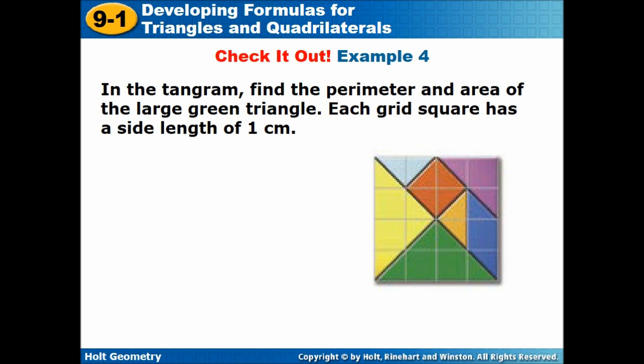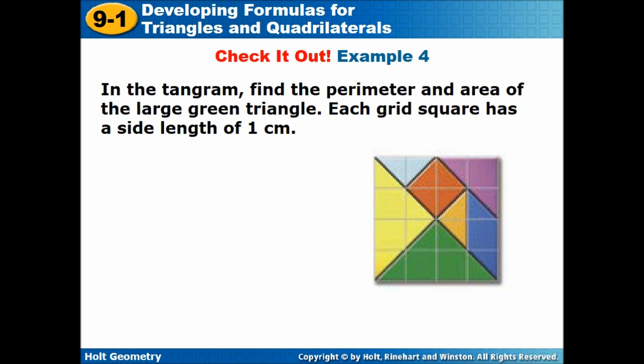As the last act for today, you are going to find the area and perimeter of the green triangle in the tangram that you see below. So we're back to tangrams, which is where we started. And so all of you, as your ticket out of here, you will figure out the area and the perimeter of the green triangle at the base.